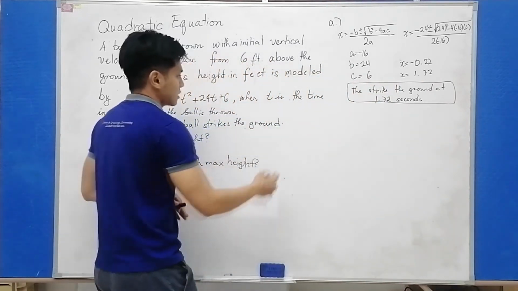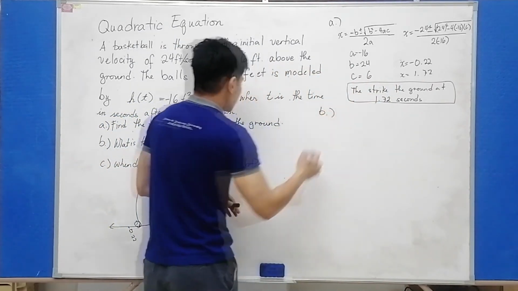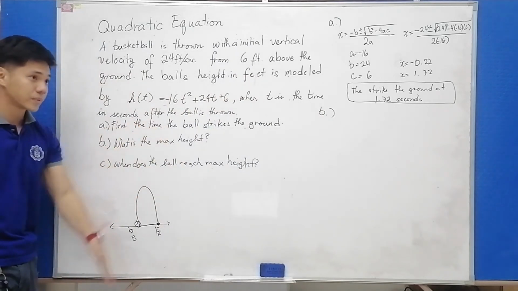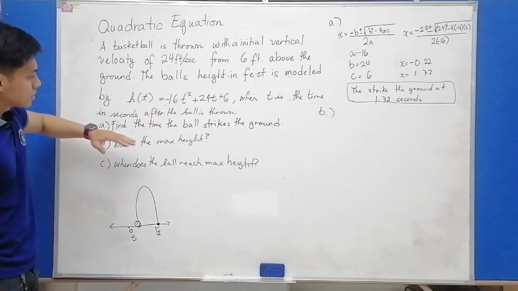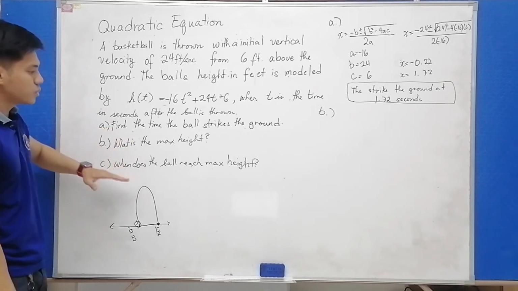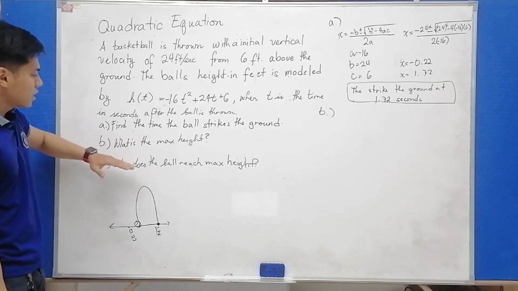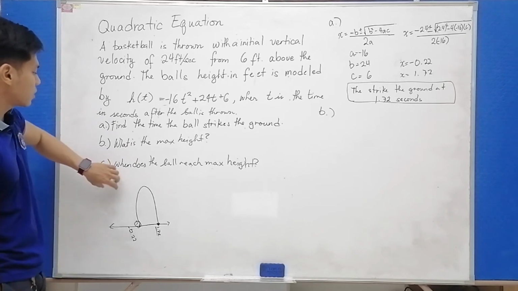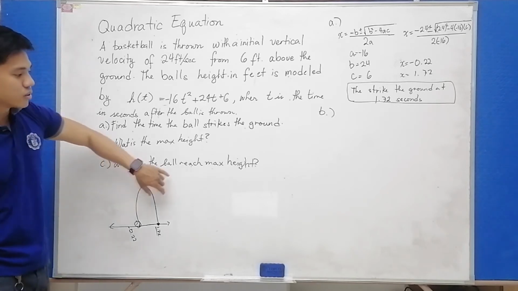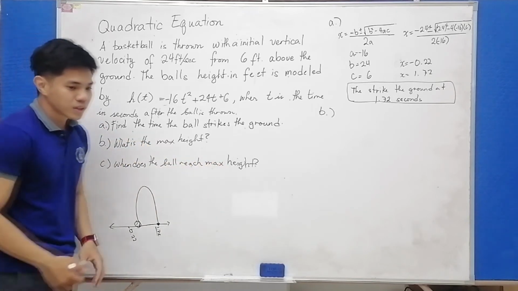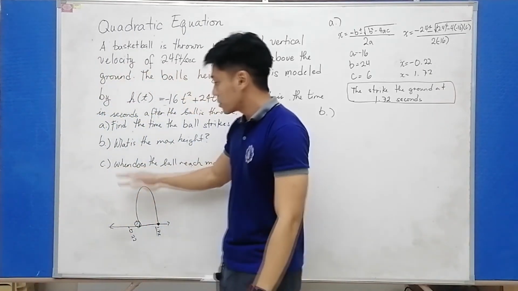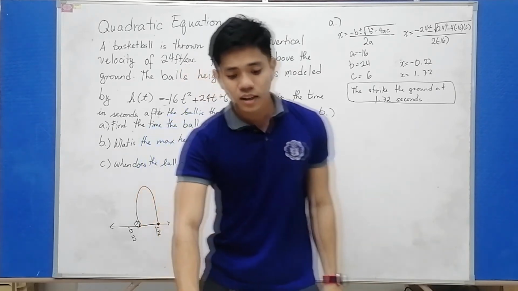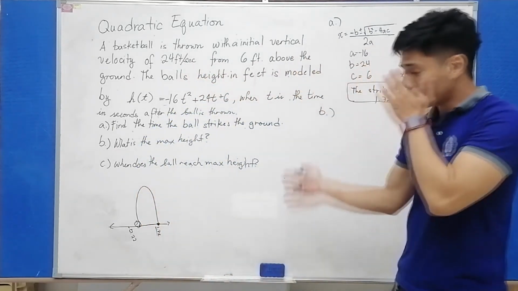So what's the second answer? So B, we now have B. B is, what is the maximum height of the ball? We first have to look for the maximum height of the ball before we can find the time, or when the ball reaches the maximum height. Actually these two problems are interconnected, because we can again use the formula from our previous lesson.